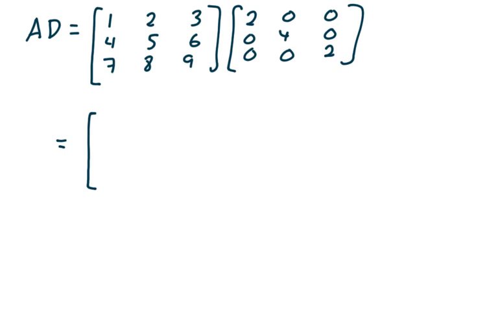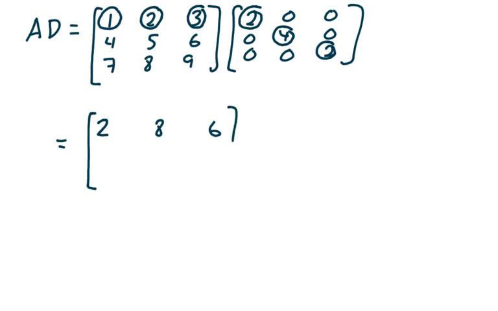And so I'm going to take 1 multiplied by 2. So that's going to be a 2. Okay? And then if I want the entry in the first row, second column, I'm going to take 2 and multiply it by 4, 8. If I want the entry in the first row, third column, I take 3 and multiply it by 2, 6.